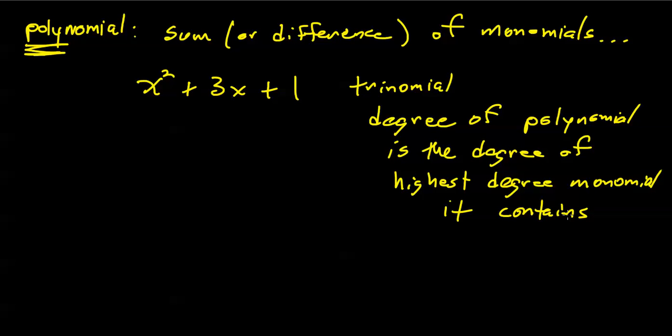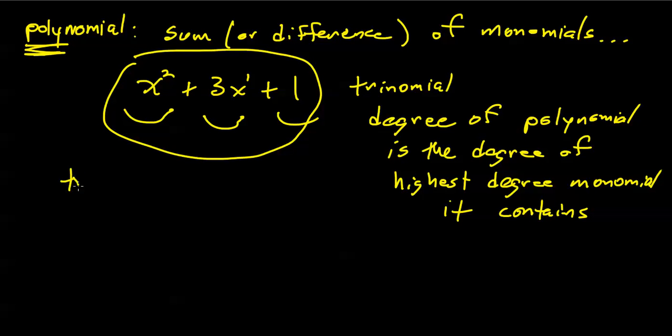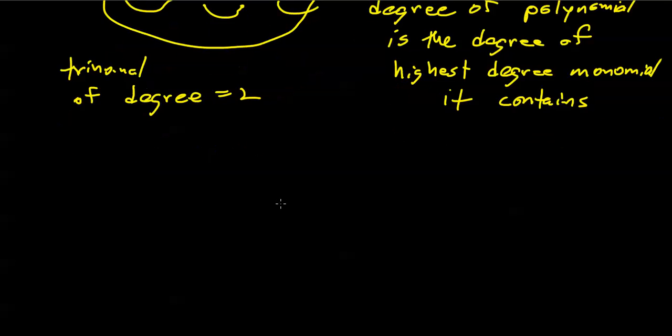So if I look at this term by term, where a term is a piece or element of a sum, this monomial is degree 0. This monomial is degree 1. Don't forget about that invisible exponent 1. And this monomial is degree 2. So I claim this is a trinomial of degree 2.